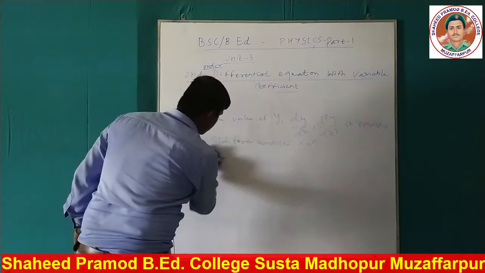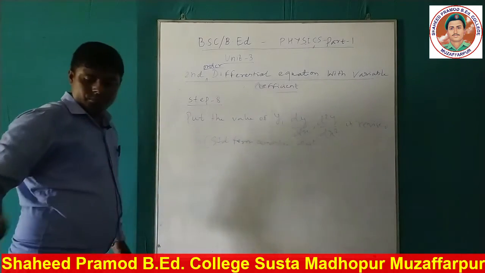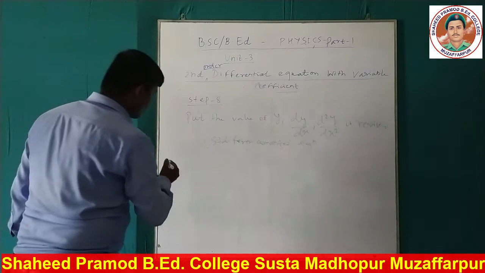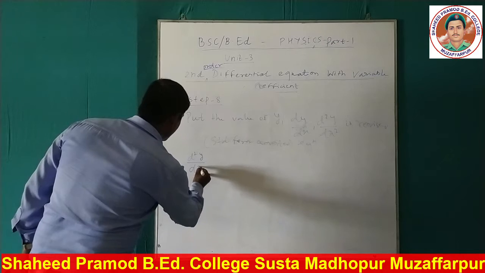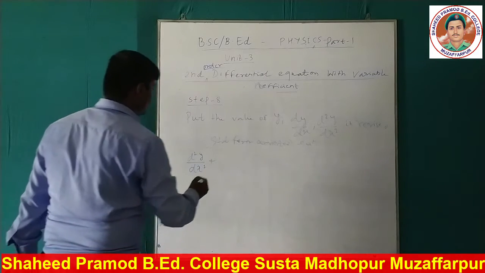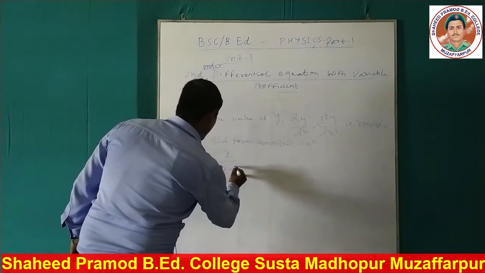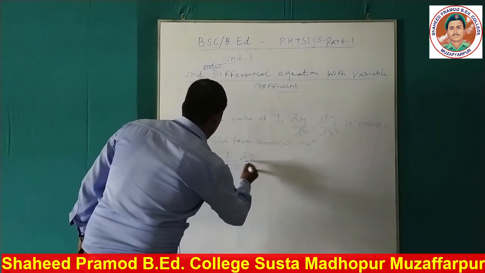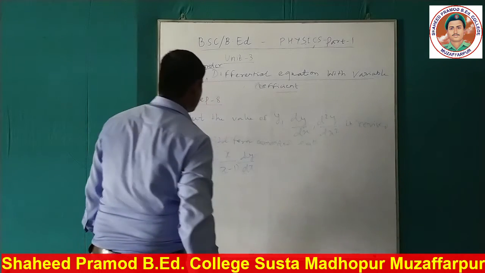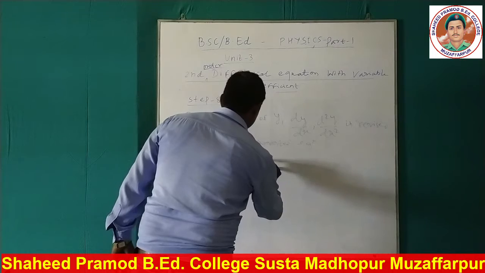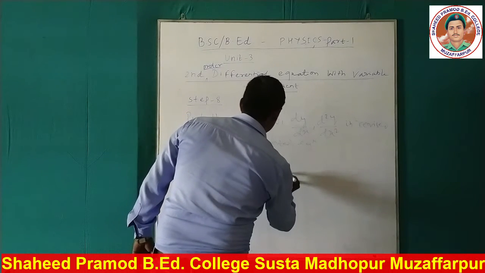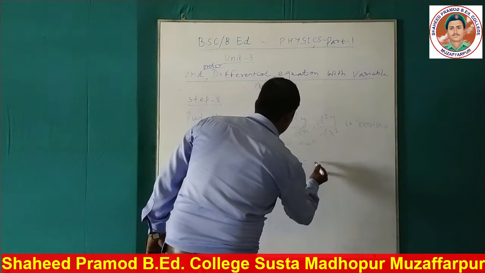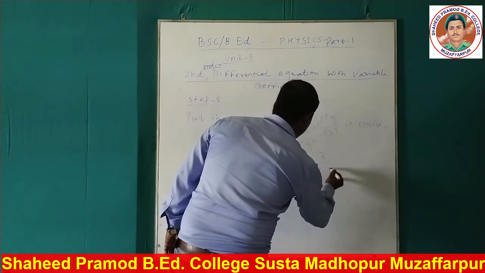For example, we have taken an example. You remember d2y upon dx square plus x upon x minus 1 into dy upon dx plus 5 upon x minus 1 into y is equal to 3 upon x minus 1.